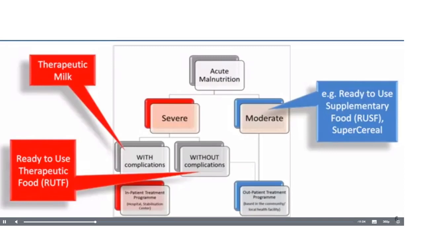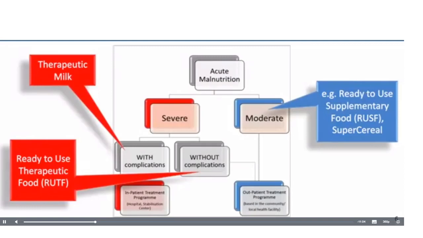It's usually bars, soybean-based or peanut-based, which are rich in protein, micronutrients, and vitamins. You should add this supplementary food to the patient's diet.